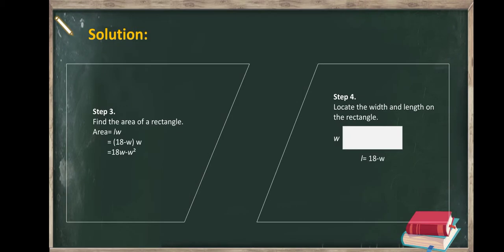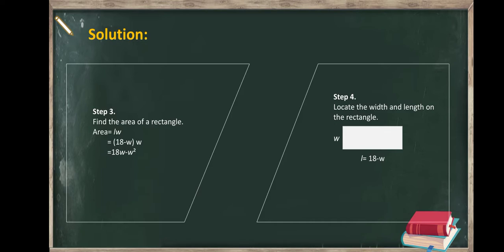Step 3, find the area of the rectangle. The area of a rectangle is equal to length times width, so equal to 18 minus W times W. This will give us 18W minus W squared. Step 4, we need to locate the width and length on the rectangle.